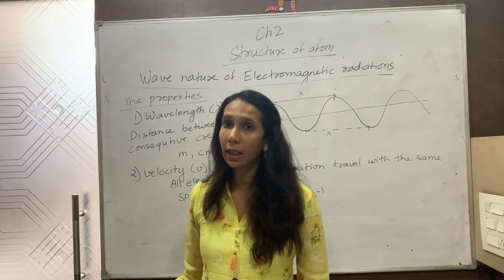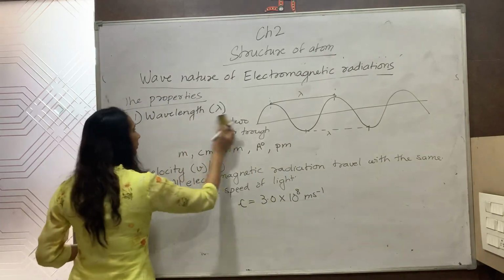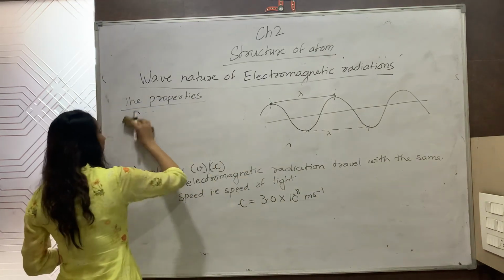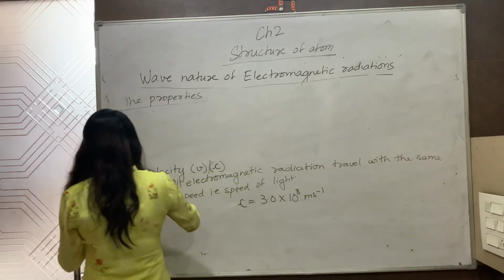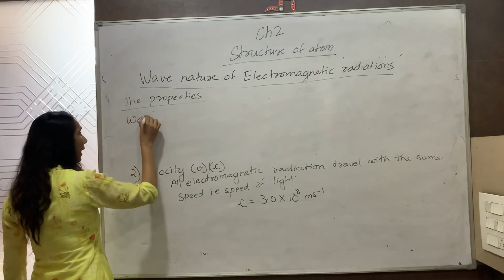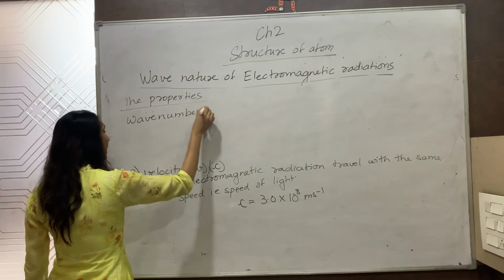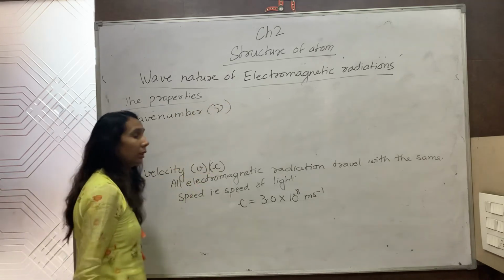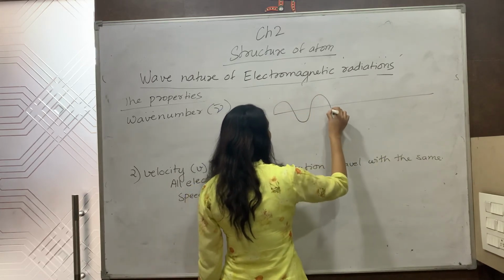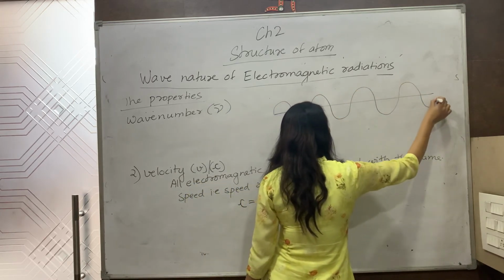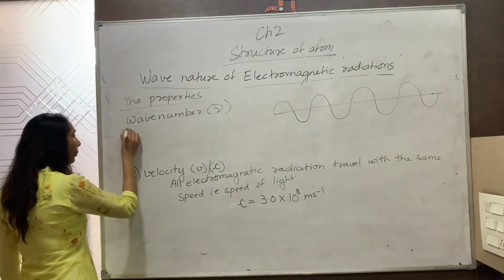Next property is wave number, represented by mu bar. If I consider this length to be 1 meter, what is wave number?